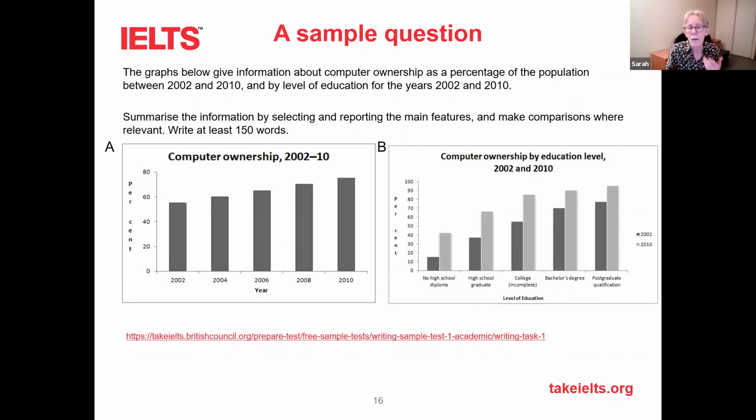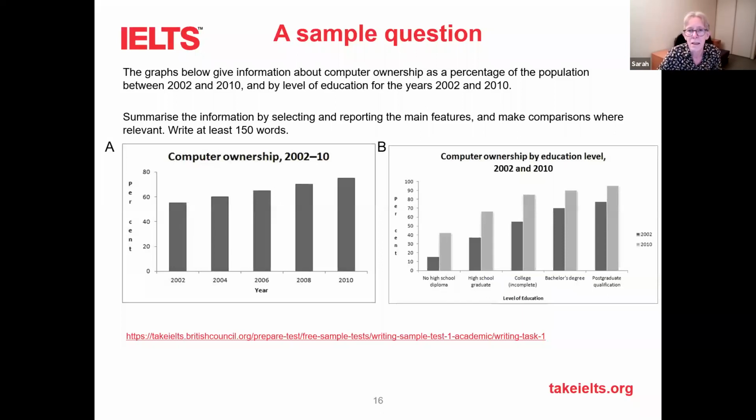Okay, so again, what I advise my students to do when they've got something which is quite similar is to just draw up a quick table of what's similar and what's different. So for example, what units is the computer ownership written in? What's the unit they're using?